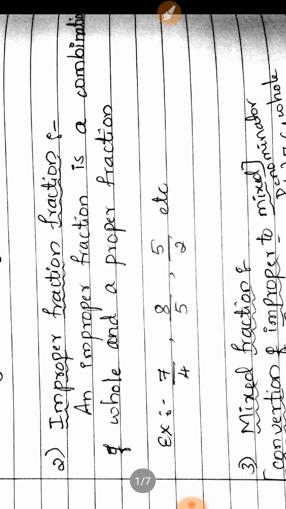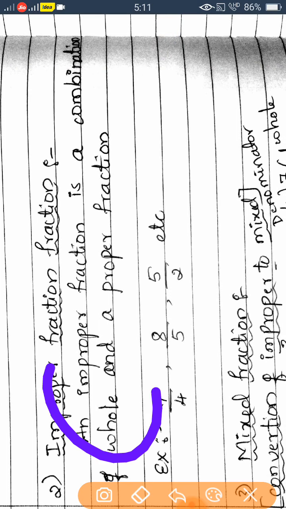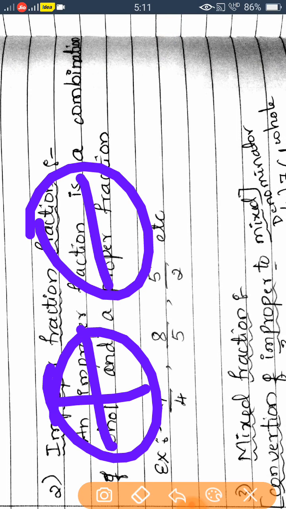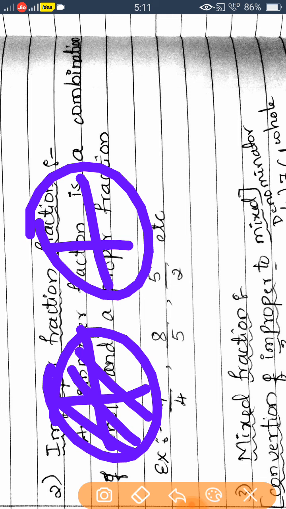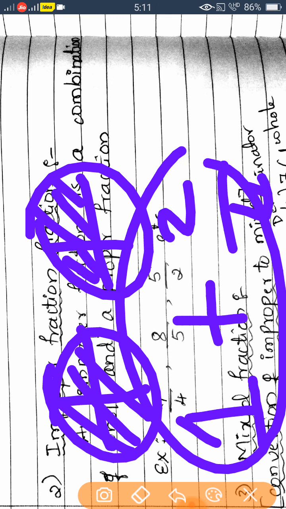See, an improper fraction is a combination of whole and a proper fraction. Just now I have taken the example of 2 apples. Here also 4, here also 1 whole and a proper fraction. If you have chosen 2, 2 by 4, this combination we can take, and here you get 6 by 4 after the conversion.